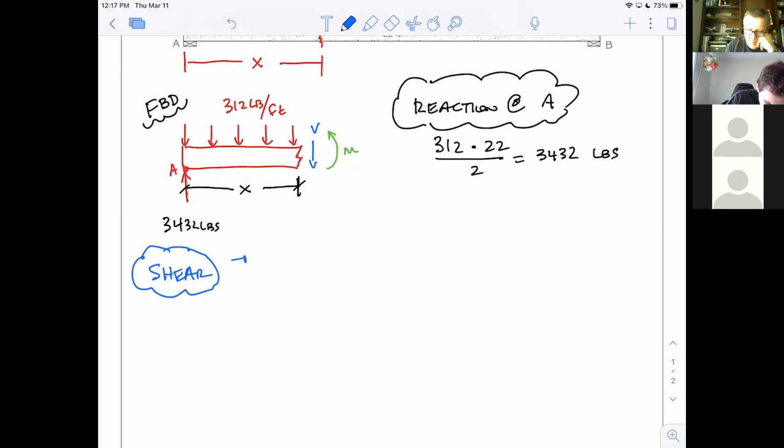Which is nothing more than the sum of the forces in Y needing to be equal to 0, equilibrium. This is everything we've studied in this class all rolled into one now. We're actually doing some real stuff. So add up all your free body diagram, includes your fixed connections. So add them all up, set them equal to 0, solve for V. Leaving X as X, because X could be anything. So we're finding all shears.